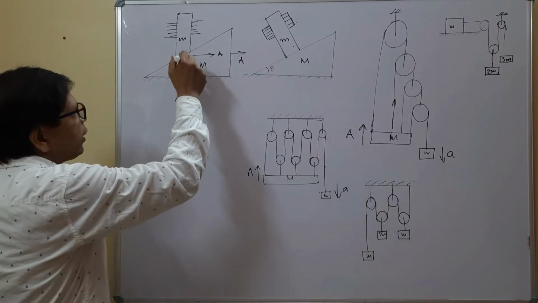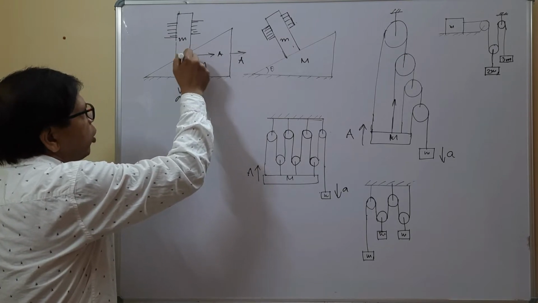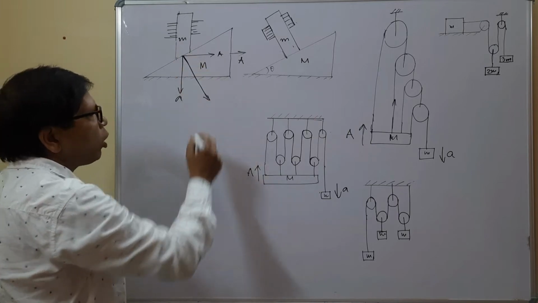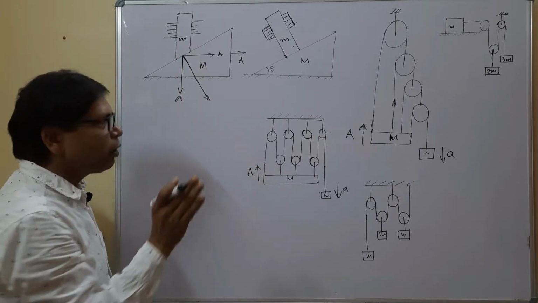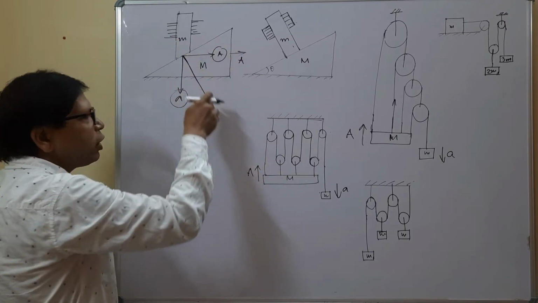Now look at this, acceleration normal to the point of contact. Look at this, this is the point of contact. So actually this line is normal to the point of contact. The component of acceleration of this and this along this direction is the same.